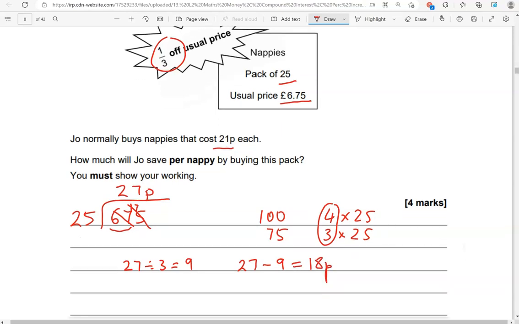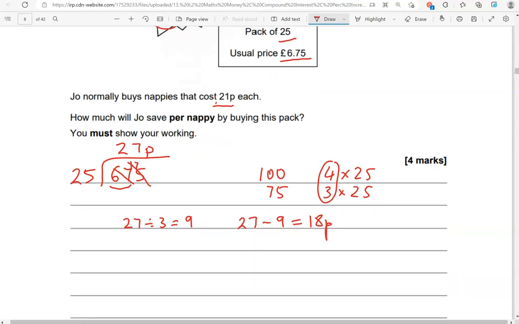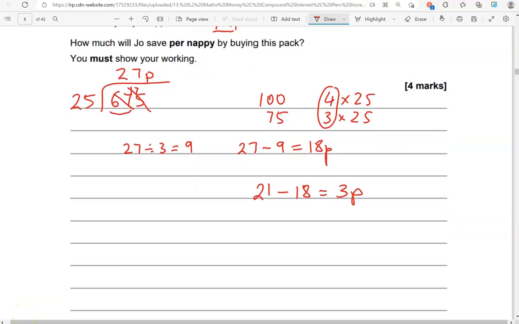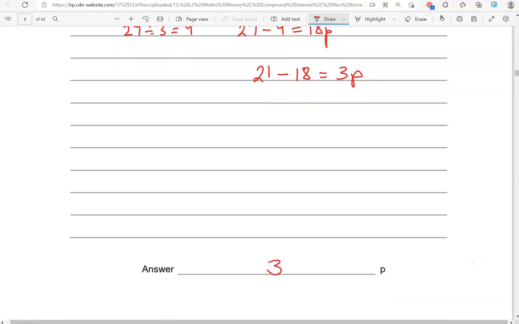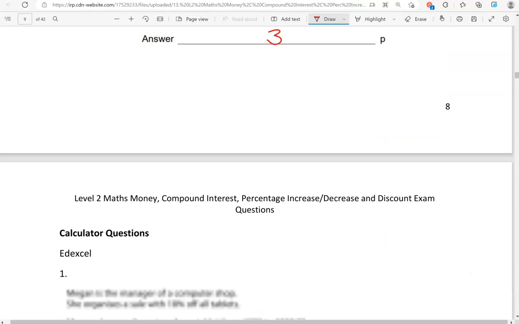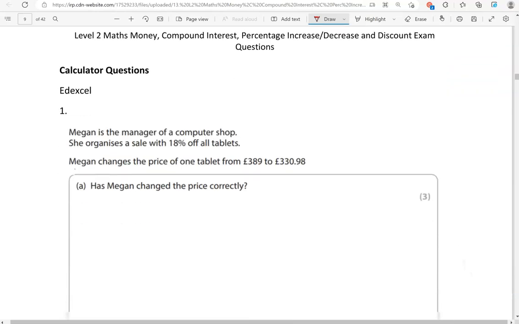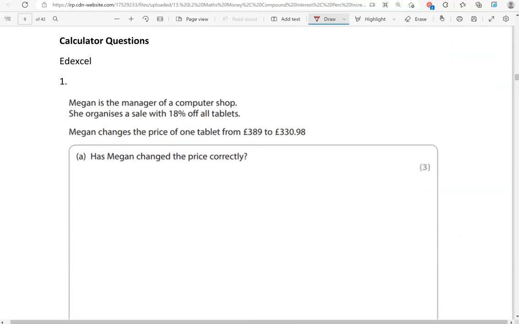That's the cost. Joe normally buys them for 21 pence. So 21 now, take away 18, gives us 3 pence. So that's how much she saves, 3 pence per nappy.